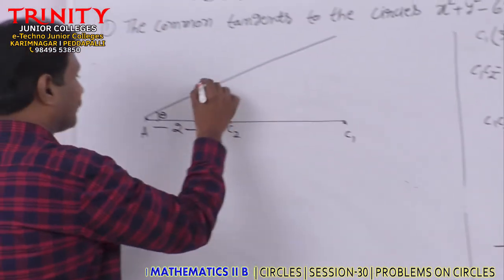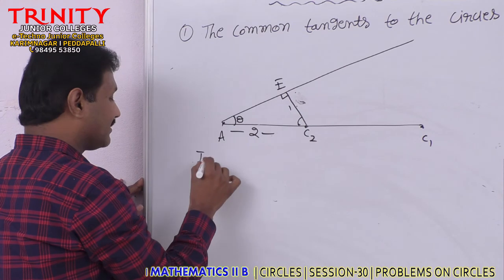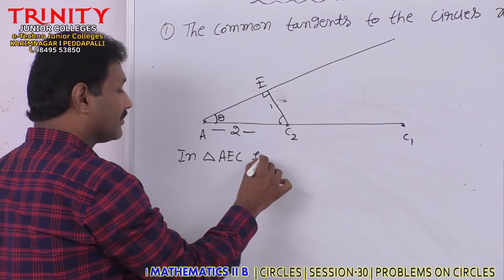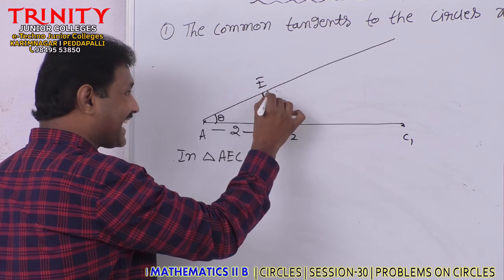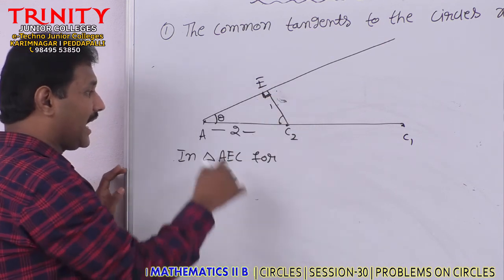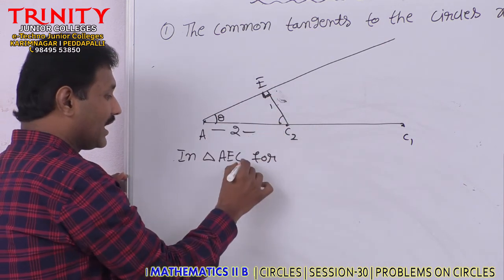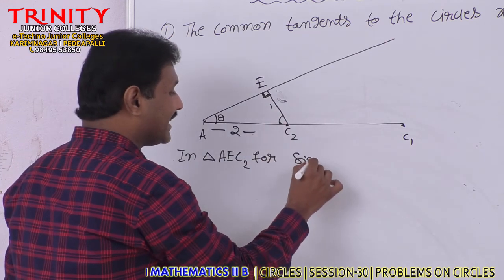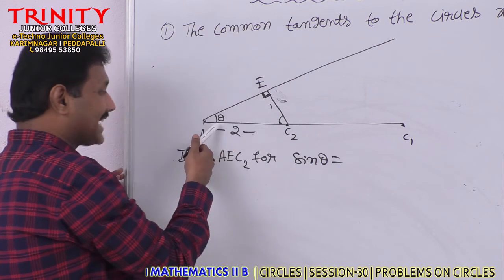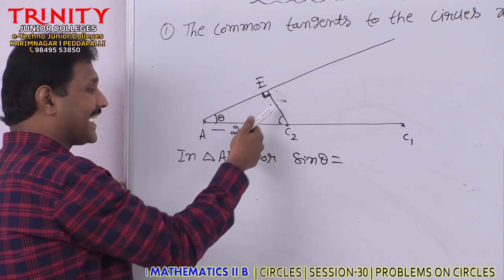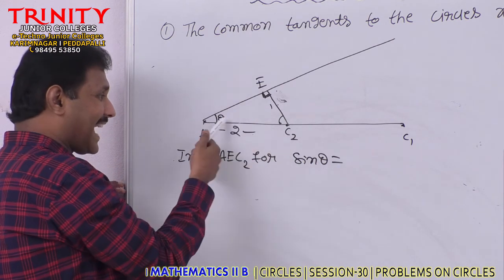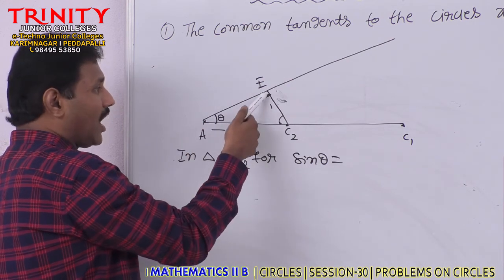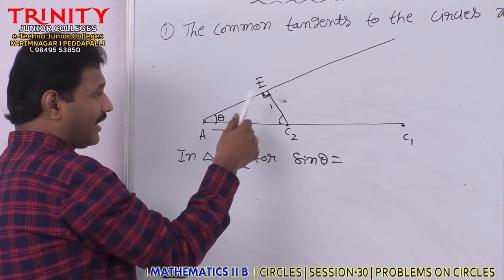In triangle AEC2, AEC2 is a right angle triangle. Sin theta equals opposite side by hypotenuse. In a right angle triangle, the hypotenuse is the side opposite the right angle.